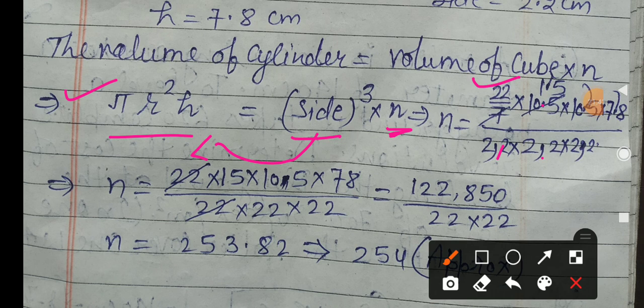Then you cut the 7 with 10.5, and this value is converted into 1.5. So n is equal to 22 into 15 into 105 into 78 upon 22 into 22 into 22, and you cut 22 with 22, and multiply these values.